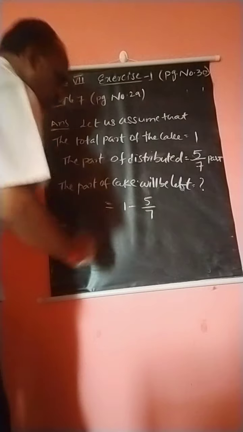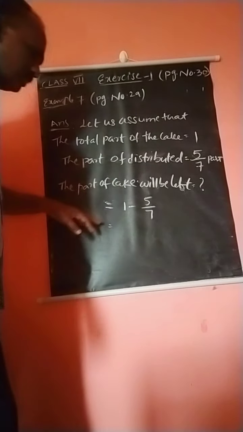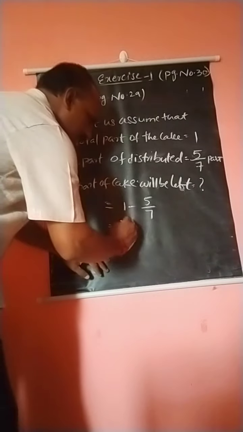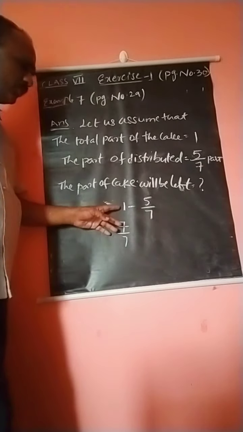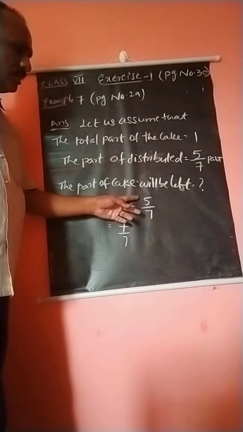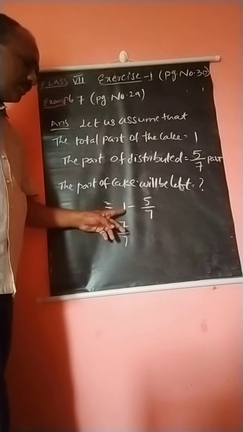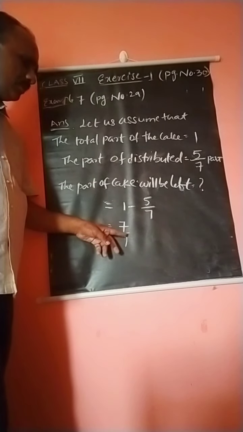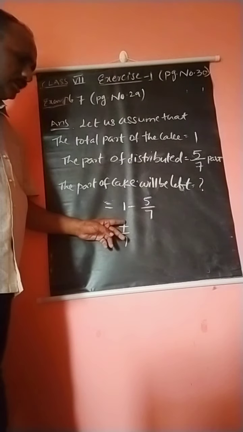I already told that 1 can be expressed as the same numerator by denominator. I will express it as 7 by 7. Why only 7 by 7? Because the fraction already has denominator 7, so I will write the denominator here also 7. Once I write 7 as denominator, in the numerator I also write 7.